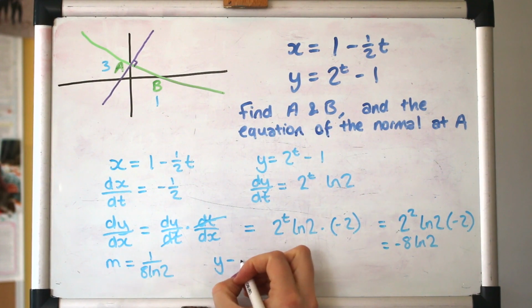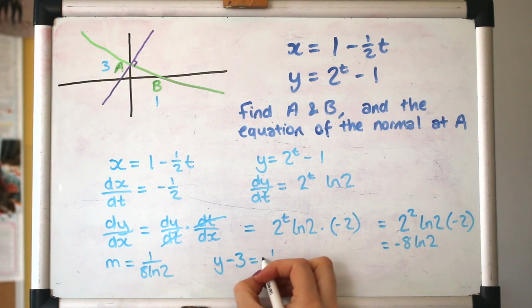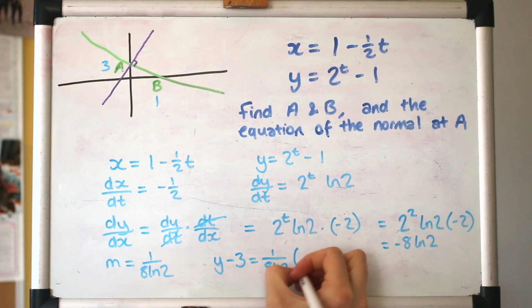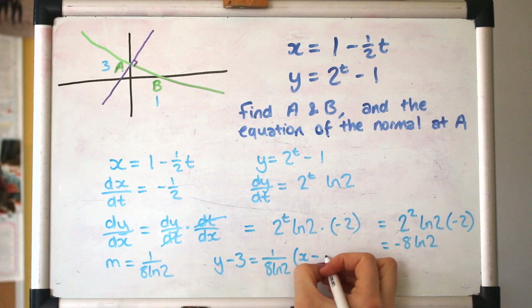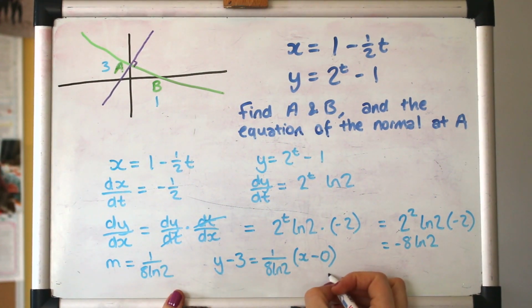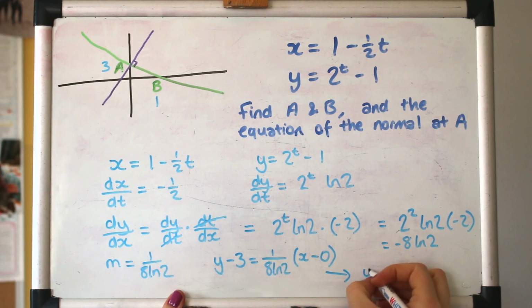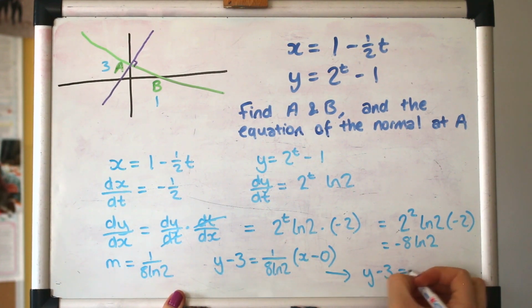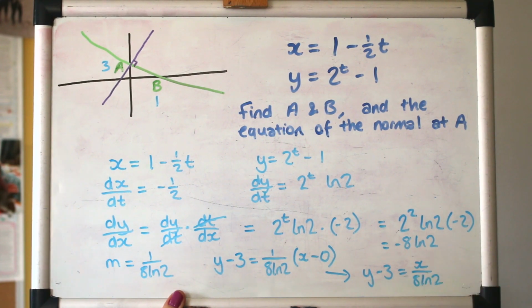So I'm going to use this one here: y minus 3 equals m, the gradient, which is 1 over 8 log of 2, times x minus the x coordinate, which is 0. And I'm not going to do an awful lot to this, I'm just going to leave it like that. y minus 3 equals x over 8 log of 2. That is the equation of the normal to the curve at A.